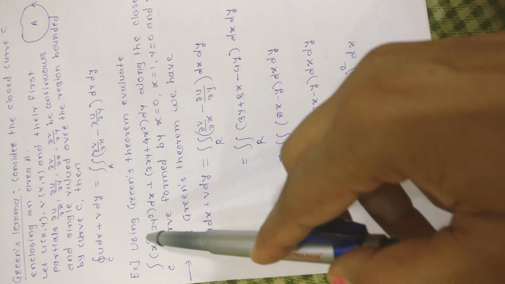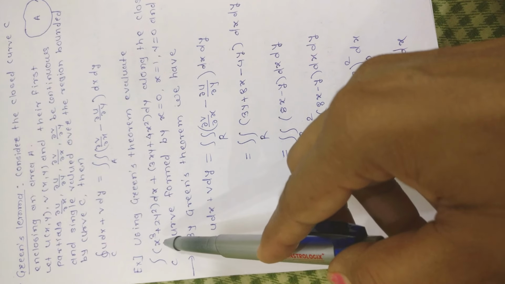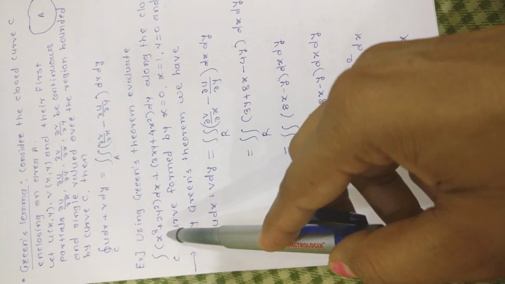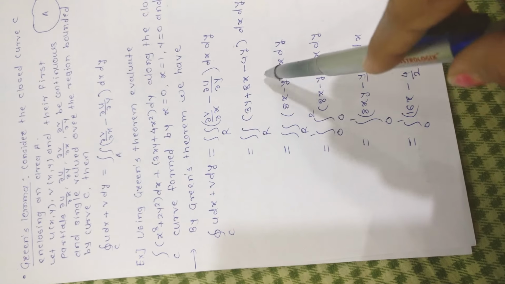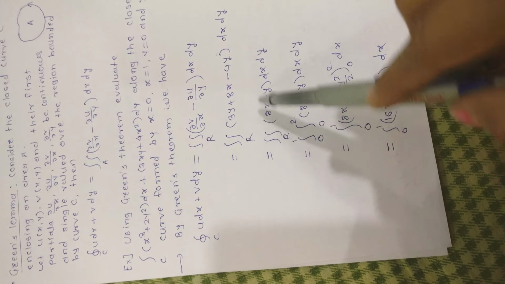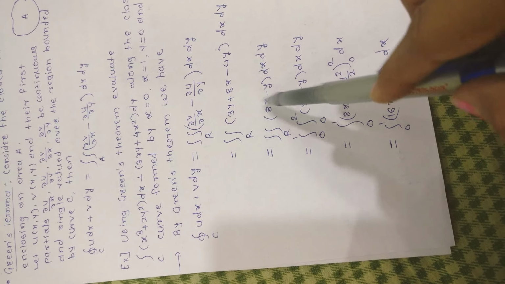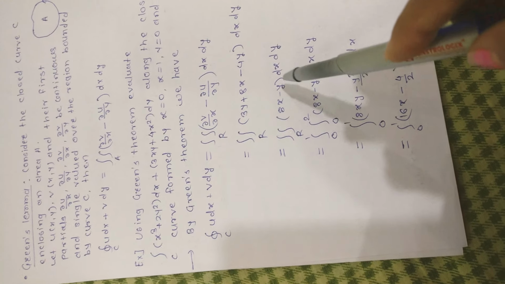So U is x cube plus 2y square. The derivative with respect to y of x cube is 0 and of 2y square is 4y. So minus 4y. So double integration over R, 8x as it is, 3y minus 4y is minus y. So 8x minus y dx dy.